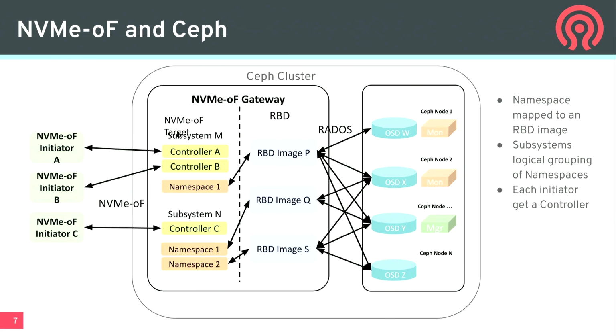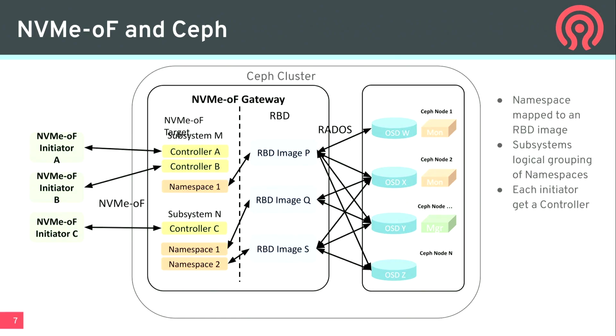And when we want to group namespaces, we have a subsystem. A subsystem is a logical group, and the host initiator will connect to a subsystem and see all the namespaces in that subsystem. And we can do access control per subsystem using the NQN, which is the NVMe identifier.